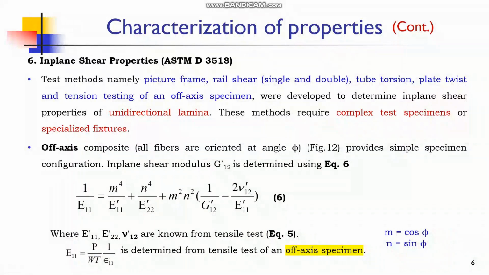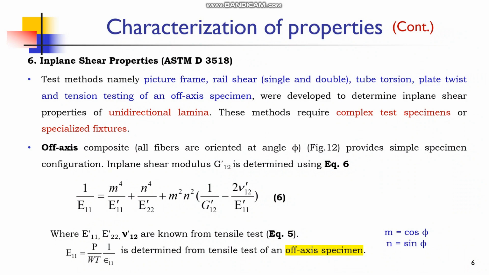Another method of characterizing the properties of composite is finding in-plane shear property. There are various methods available to find in-plane shear properties, like picture frame test, rail shear test, tube torsion test, plate twist.